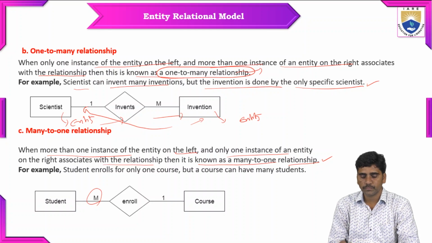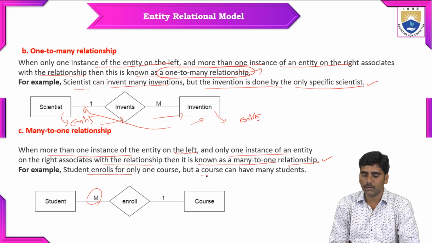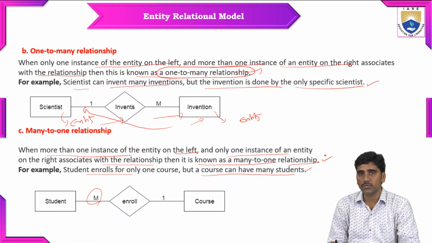For example, a student enrolls for only one course, but a course can have many students.